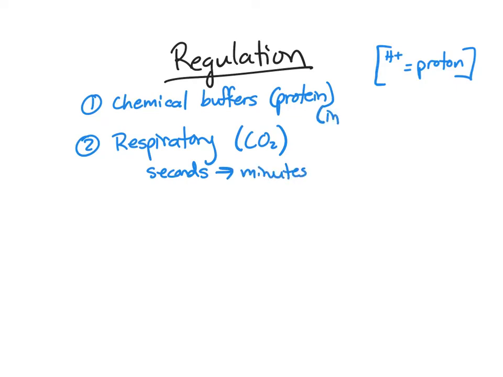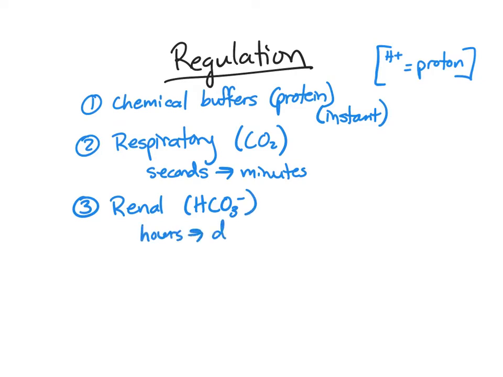As a note, the chemical buffer one is instant. Then the third level is your kidneys or your renal function. And this controls the bicarbonate level in your blood. This takes hours or even days to start functioning.